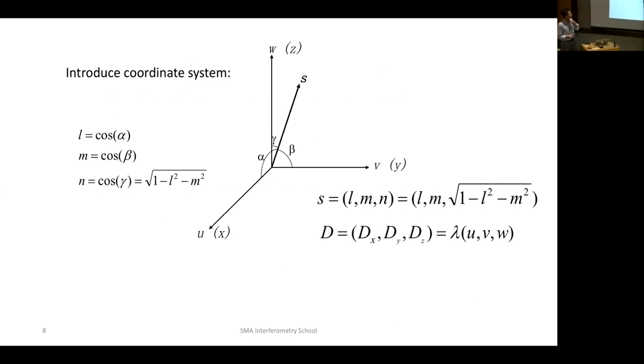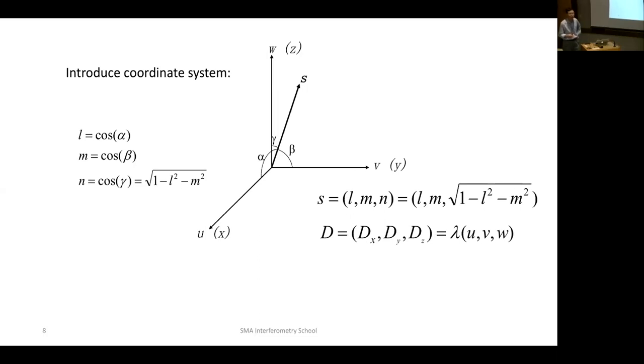All right, so if we introduce a rectangular coordinate system here, we have X, Y, and Z, and also U and V. The unit direction vector here is related to the cosines of those angles, L, M, and N. That is the unit directional vector S. And D can be decomposed in the three-dimensional coordinates as d of x, d of y, and d of z.